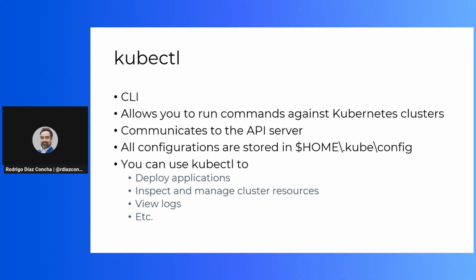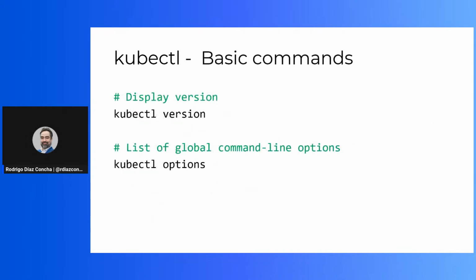You just happen to move between contexts by executing some commands when you want to switch context, okay? And actually, this is the most important tool that you're going to use when managing Kubernetes in the command line. So you install kubectl. I think Minikube is not going to install it by itself. So you need to go and download kubectl from the Kubernetes website, or you can use Chocolatey again for installing that, okay?